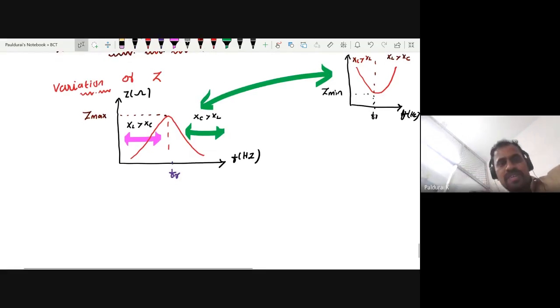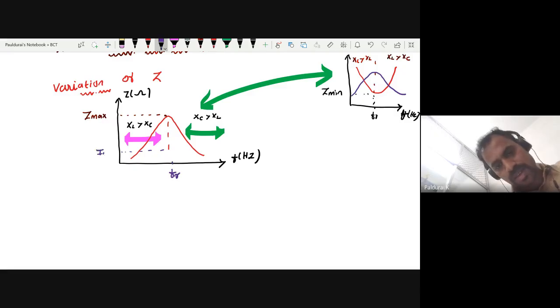Coming to variation of admittance, variation of current. How was current there? At resonance you will get maximum current, right? So the current curve looks like this. Here you will get minimum current at resonance.